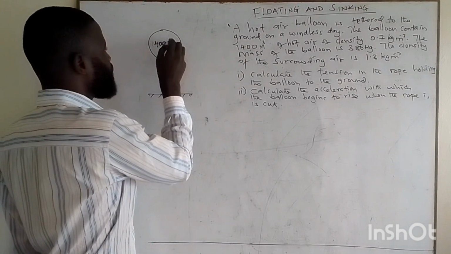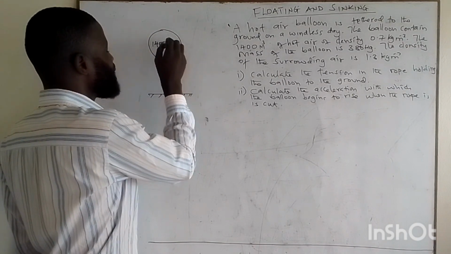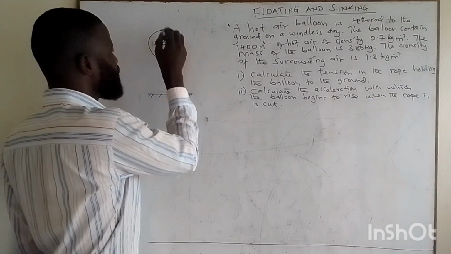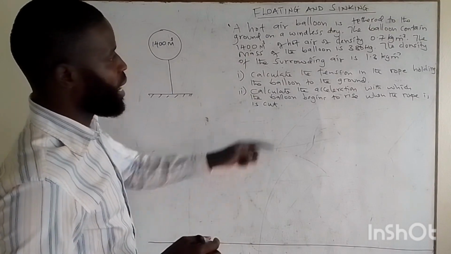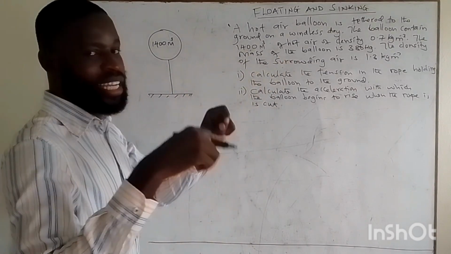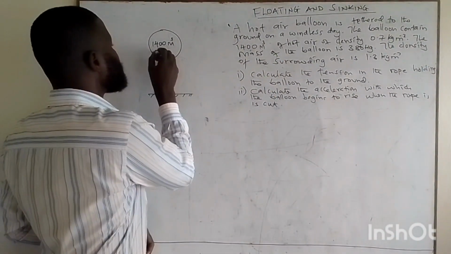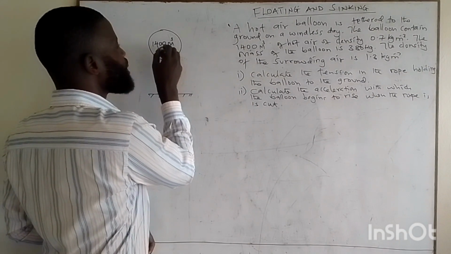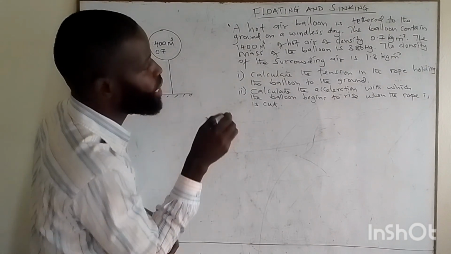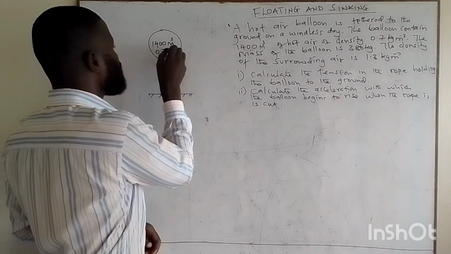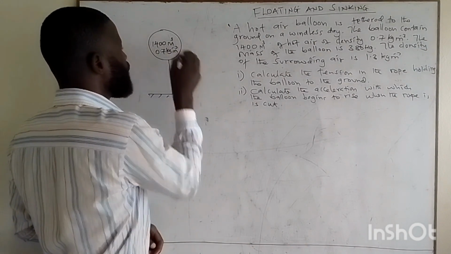The volume of hot air inside the balloon is 1400 cubic meter, and the density of the hot air inside the balloon is 0.7 kilogram per cubic meter.